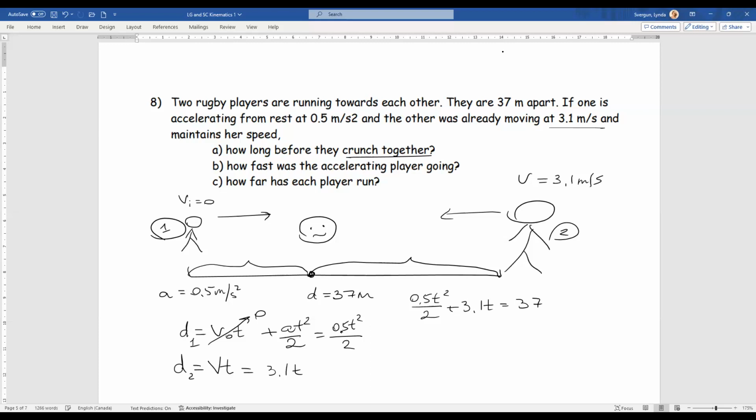Whenever you solve, you try to make it simpler. What is easier? You have 1/2 divided by 2, which is basically 1/4. If you multiply everything by 4, you get rid of all those coefficients. It will be just 1. So t squared plus 3.1 multiplied by 4, 12.4, equals 37 multiplied by 4. Whatever you do to one side, you do to the other side, right? 148.